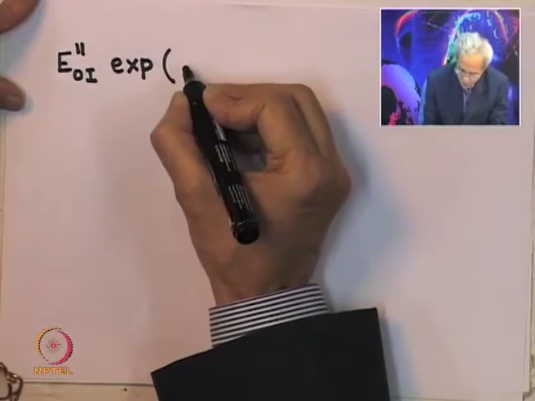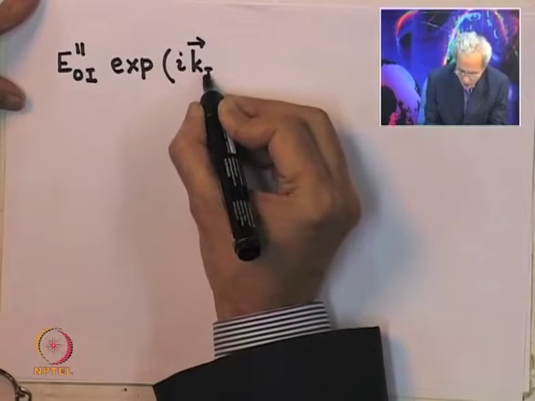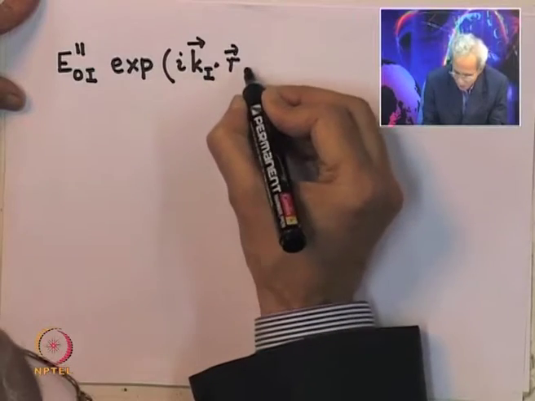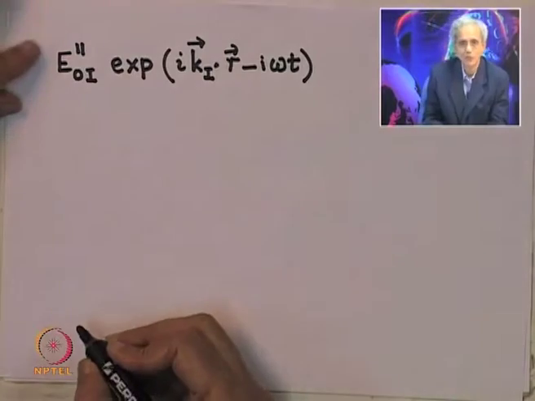So, this is e to the power i k dot r. I will write the propagation vector as k I dot r minus i omega t. I am taking a forward moving wave.